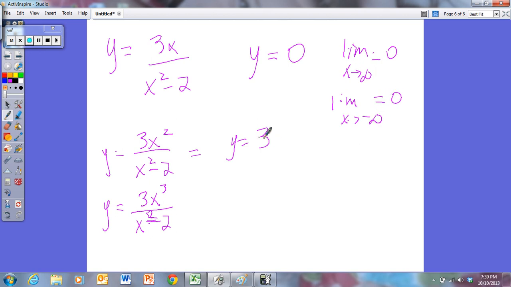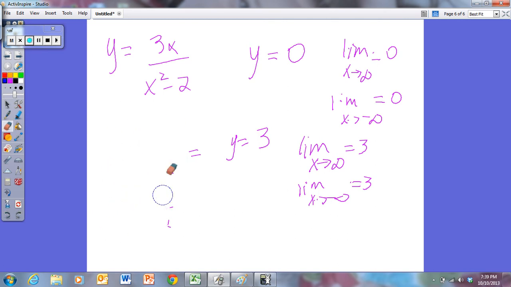For this one, the limit as x approaches infinity is 3, and the limit as x approaches negative infinity is also 3, because it's coefficient over coefficient. For this one, there is no horizontal asymptote, so that's when we have to talk about end behavior.